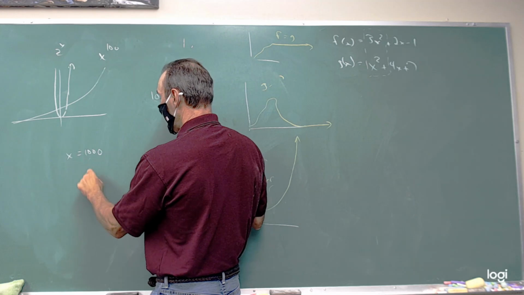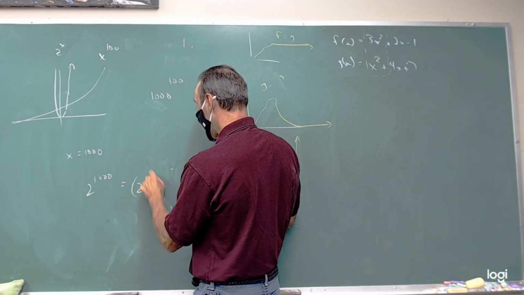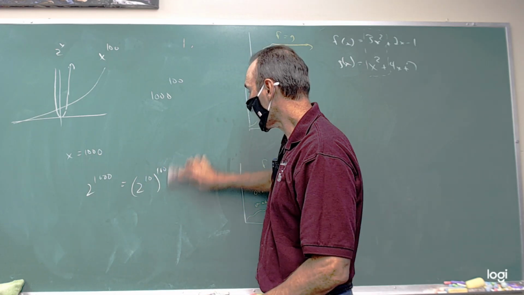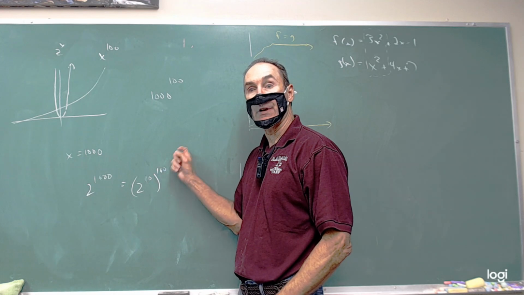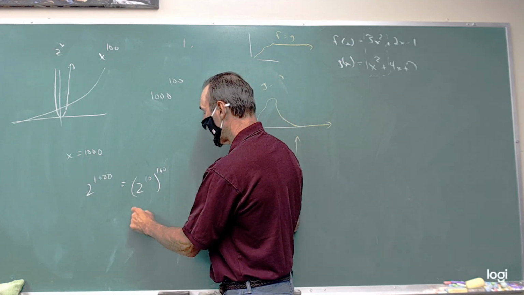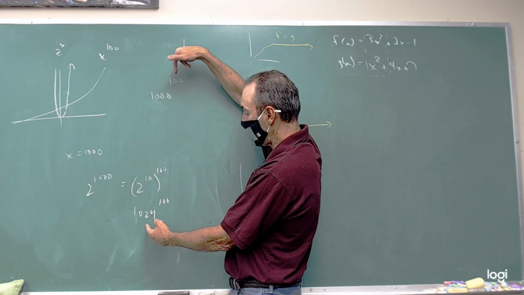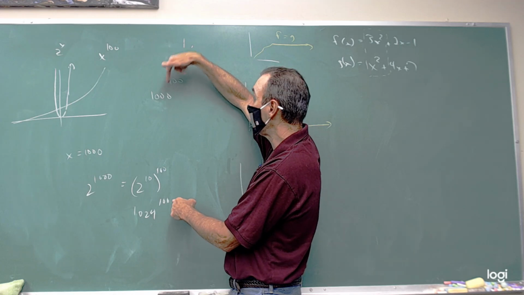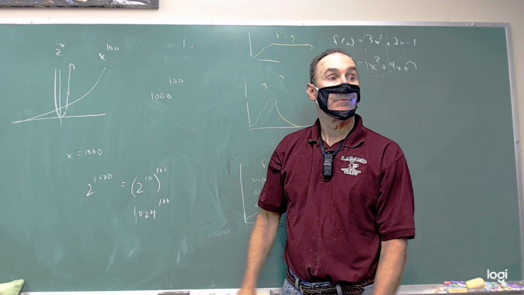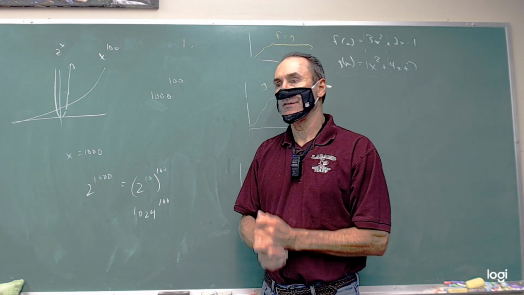Now, 2 to the 1,000, I'm going to think of as 2 to the 10th to the 100th, because raised to a power, you multiply the exponents. 2 to the 10th is 1,024. So by the time you get to 1,000, 1,024 to the 100 is going to be bigger than 1,000 to the 100. Crazy.